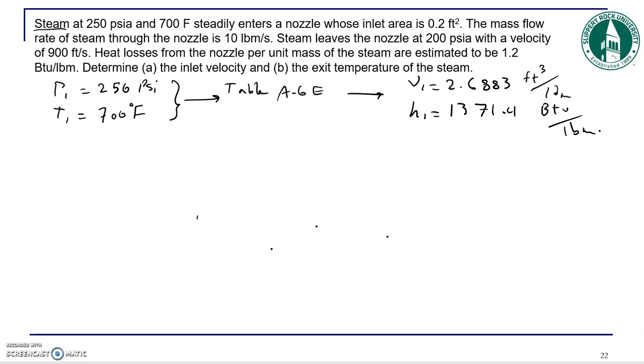We want to find the velocity, and we also have the mass flow rate of our system, right? So m dot is equal to what? Density multiplied by velocity. So we're talking about the entrance, right? So that's density at inlet, velocity at the inlet, cross-sectional area at the inlet, and we can write density to be equal to 1 over specific volume multiplied by velocity at the inlet multiplied by cross-sectional area.